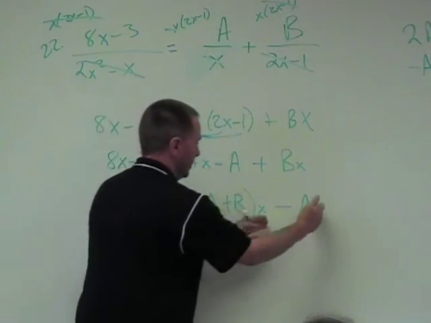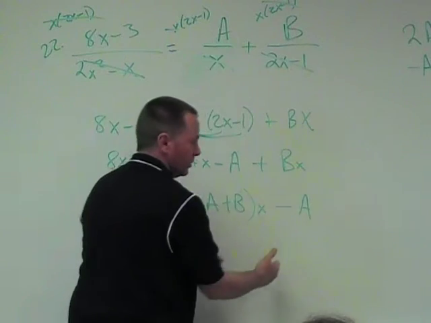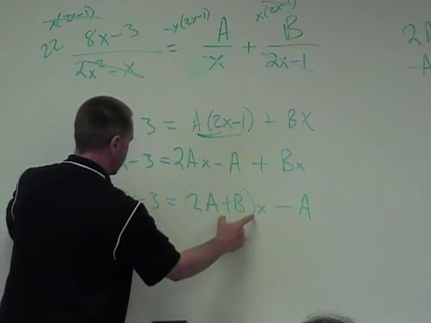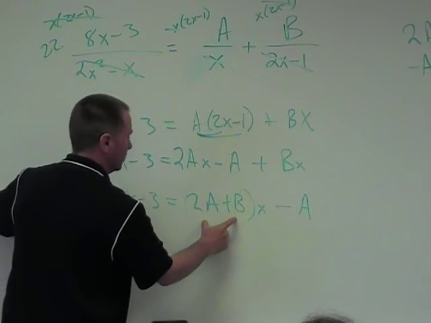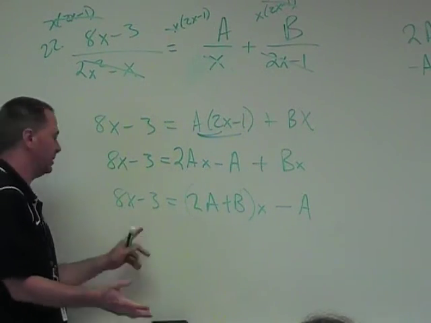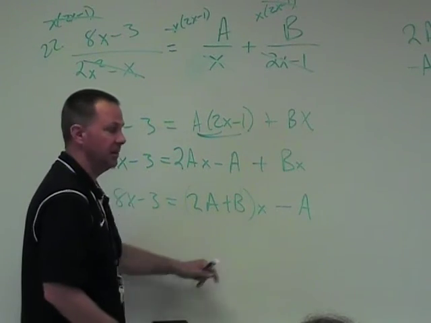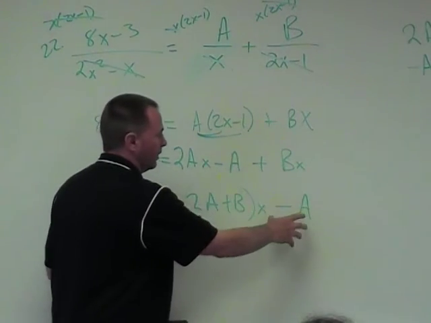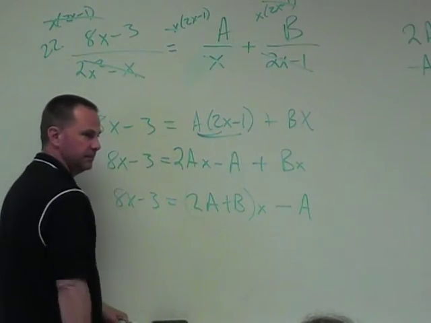And negative 3 has to equal this. So what am I saying? That these two pieces have to be the same. So 8 must equal the 2a plus b because the x is set. This x is not different than that x. So this must be equal to this. And then whatever is left over, you set that equal to this.